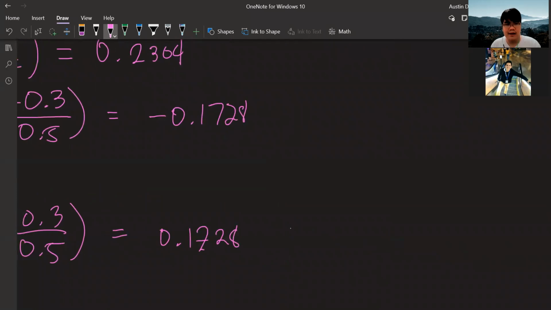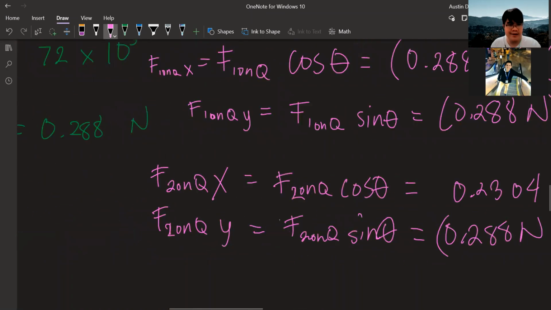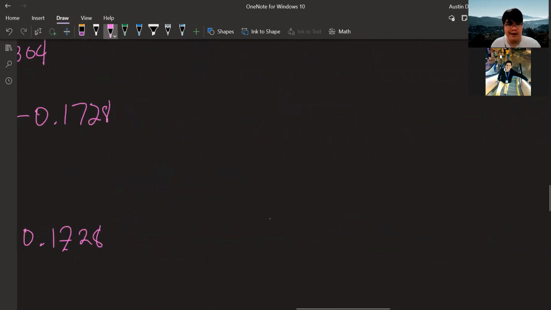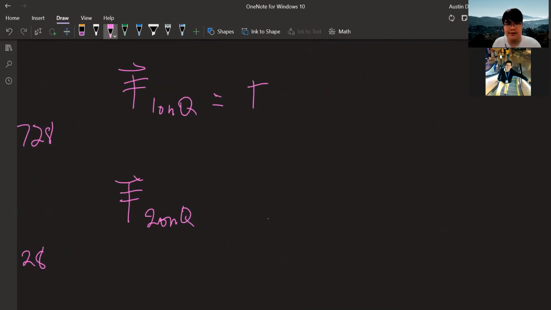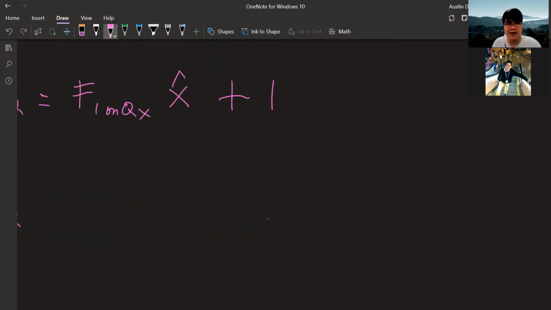Okay. Now we have to combine our answers in a nice, neat way. Okay, so we can now write the vector F1 on Q and vector F2 on Q. So this is actually just F1 on Q x, yung kinalculate mo kanina, times yung direction na ngayon, x hat, which is easier, di ba?